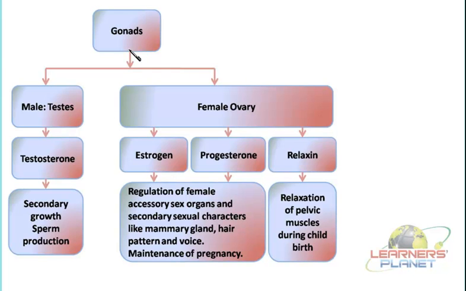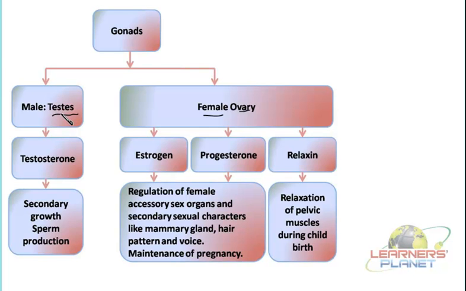In the case of males, the gonad is the testes, and in the case of females, it is the ovary. These gonads are present in males as well as females, but they are of a different kind in each individual. Males have a pair of testes.